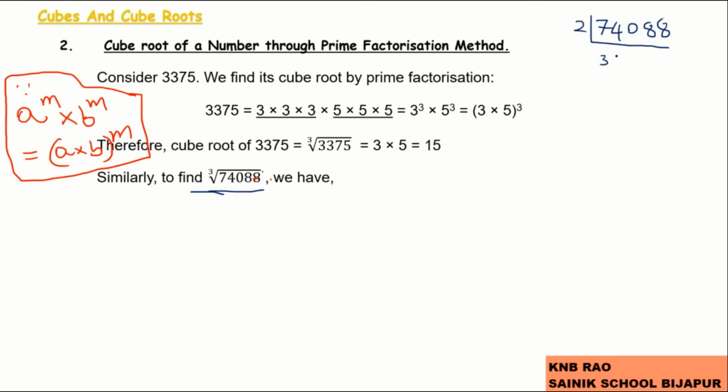2 3s are 6, 2 7s are 14, 2 0s are 0, 2 4s are 8, 2 4s are 8, further 2 1s are 2, 2 8s are 16, 2 5s are 10, 2 2s are 4, 2 2s are 4, further 2 9s are 18, 2 2s are 4, 2 6s are 12 and 2 1s are 2.